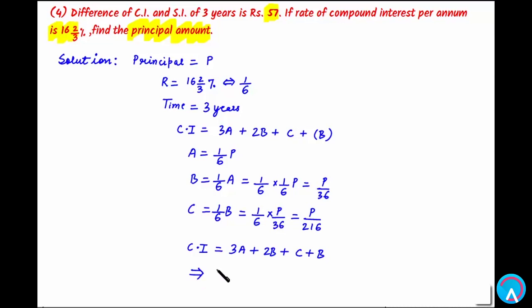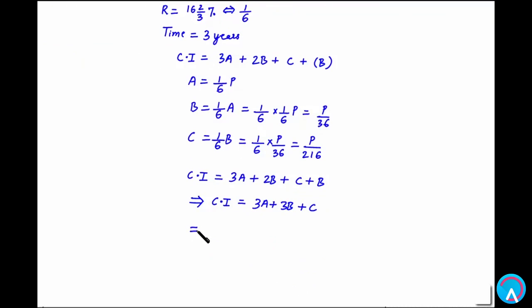So compound interest is equal to 3a plus 2b plus c plus b. This implies compound interest is equal to 3a plus 3b plus c. So this implies compound interest is equal to thrice of, in place of a, we can write 1 by 6p, plus thrice of b.